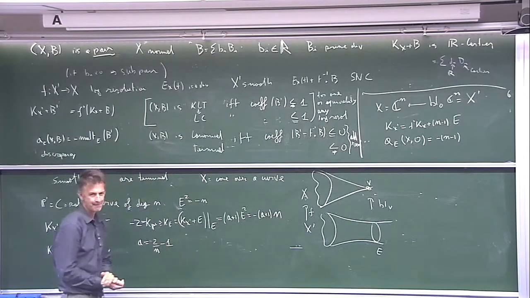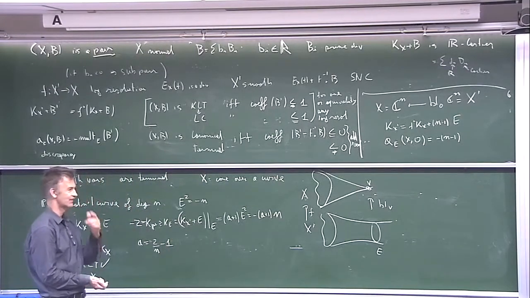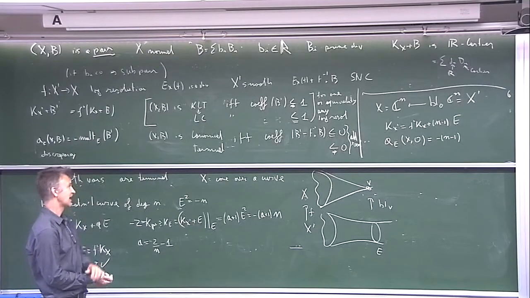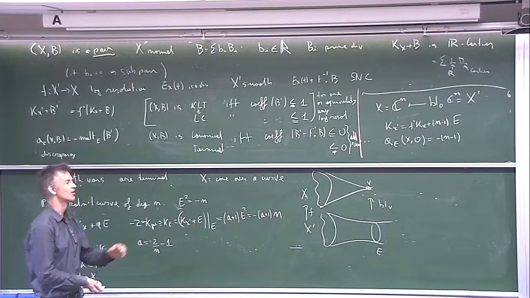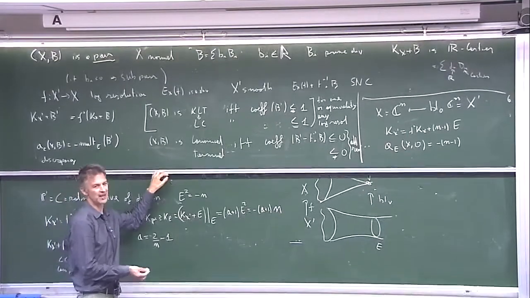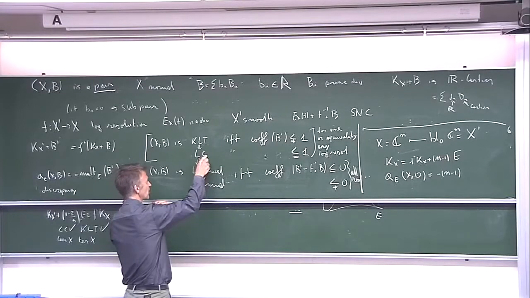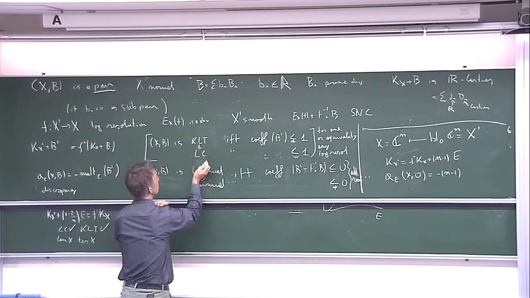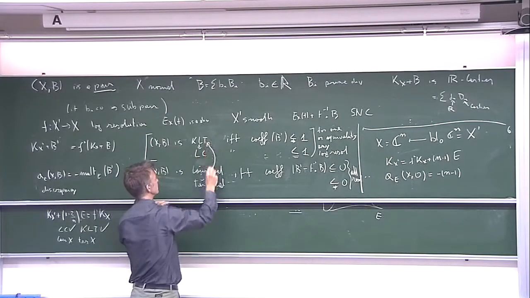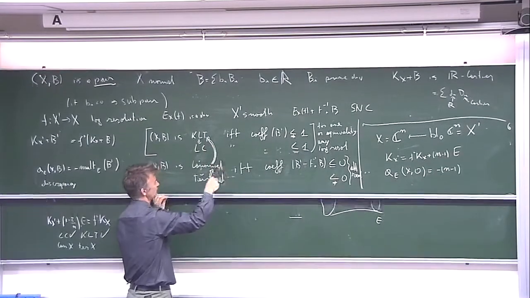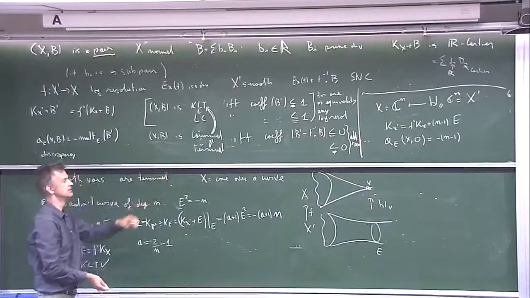But I think it does imply. Yeah, so once you exclude all the trivial silly cases, terminal always implies canonical, and canonical implies KLT. Here there are some silly cases like one-dimensional cases where it's not the case.